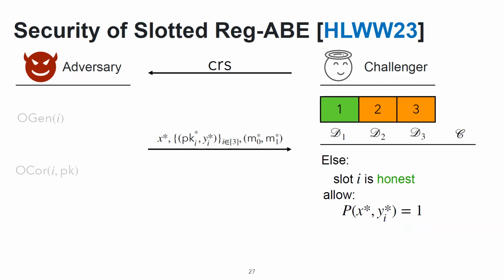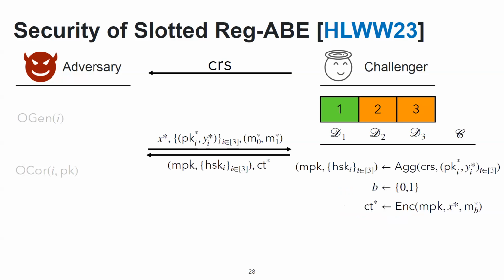In this case, the public key was given in Oracle Generate, but wasn't asked in Oracle Corrupt because the adversary doesn't know its secret key. In this case, we allow the predicate equal to 1. If all these requirements are satisfied, the challenger will aggregate and encrypt one of the messages.